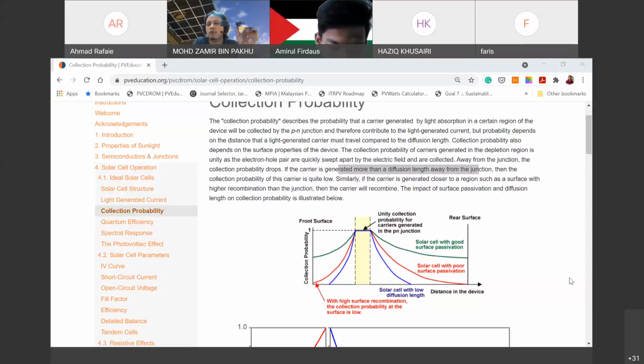Then you really have to work on the diffusion length of the carriers in the device. On the other hand, if you work on thin devices, you don't have to worry so much about the diffusion length of the carriers because the device is already thin to begin with.